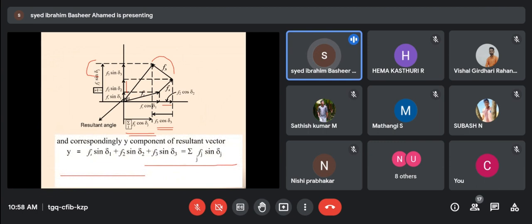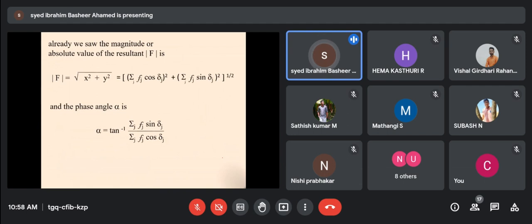Similarly, the y component is y equals F1 sin delta 1 plus F2 sin delta 2 plus F3 sin delta 3, which is summation over j of Fj sin delta j.